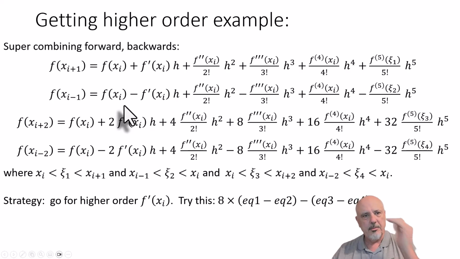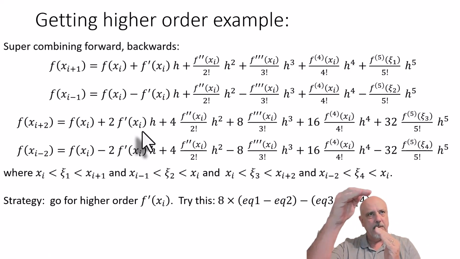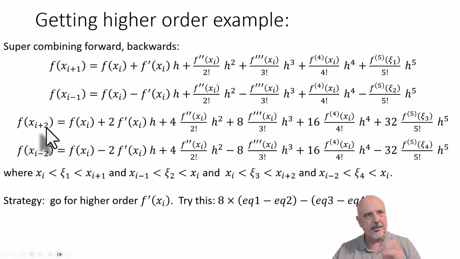Remember that. Now if it's a double step forward, h becomes 2h. It's the same h that we had on the forward step, but we're just doubling it. So for a double step forward, I need to think about 2h.